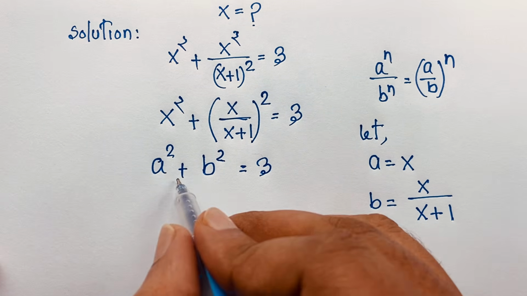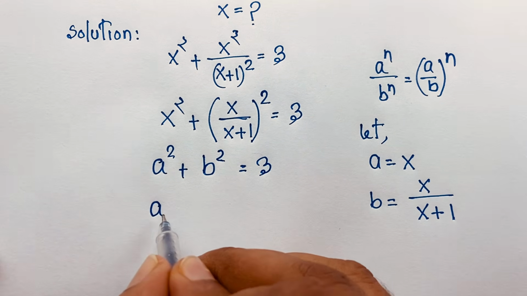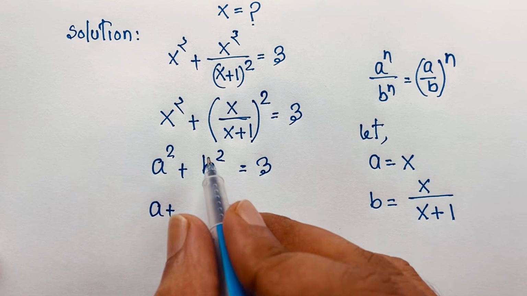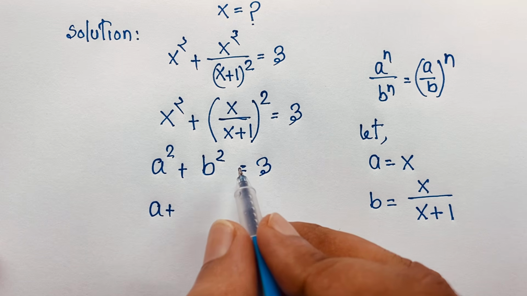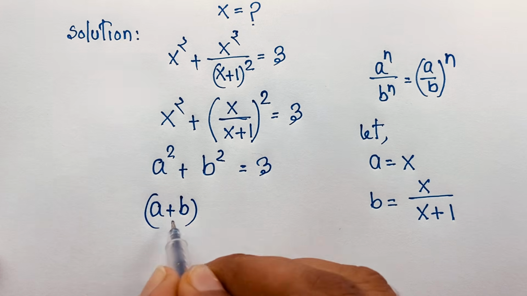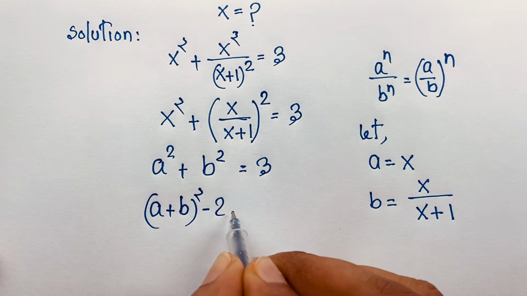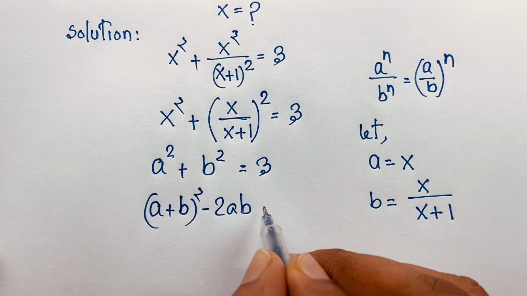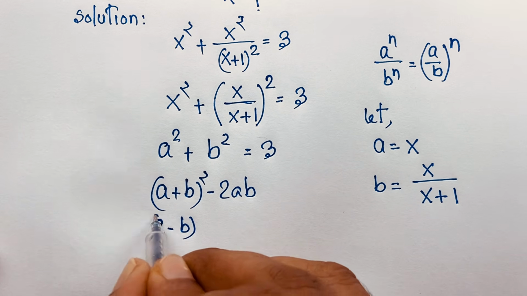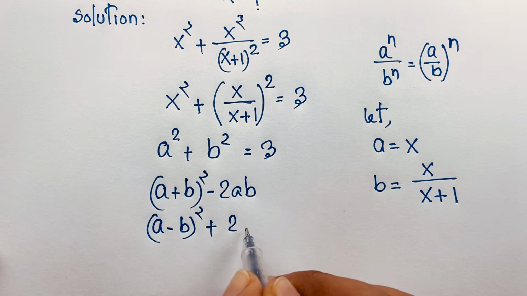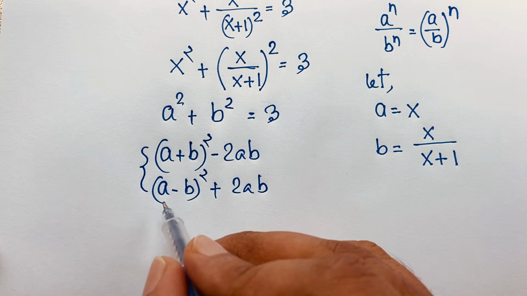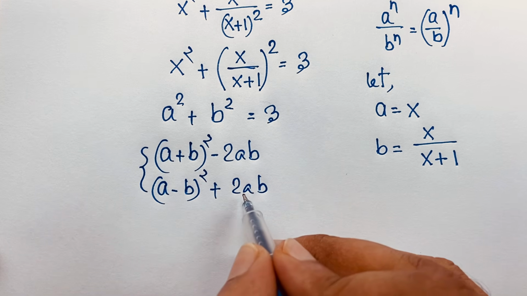Then we know that a square plus b square is (a plus b) whole square minus 2ab, or (a minus b) whole square plus 2ab. You can apply both formulas here, but I apply this formula, (a minus b) whole square plus 2ab.